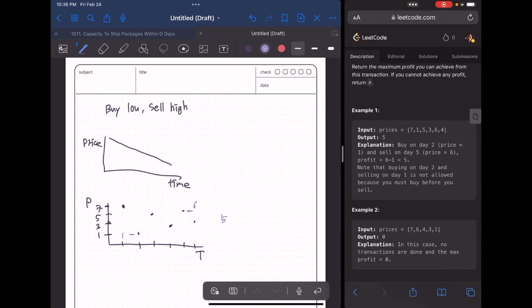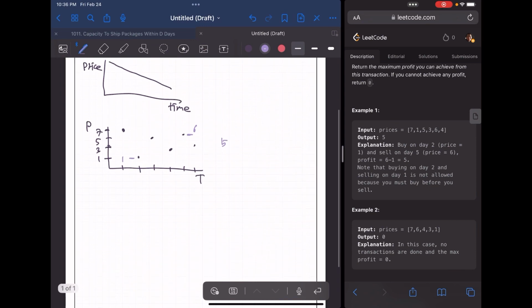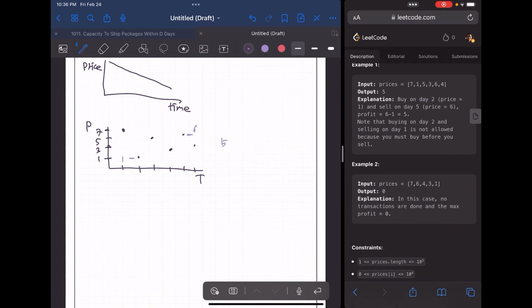It's easy to see if we visualize this. So let's say in another example here, this is what I was talking about. Always decreasing: 7, 6, 4, 3, 1. So there's no way to make a profit. That means we return 0.